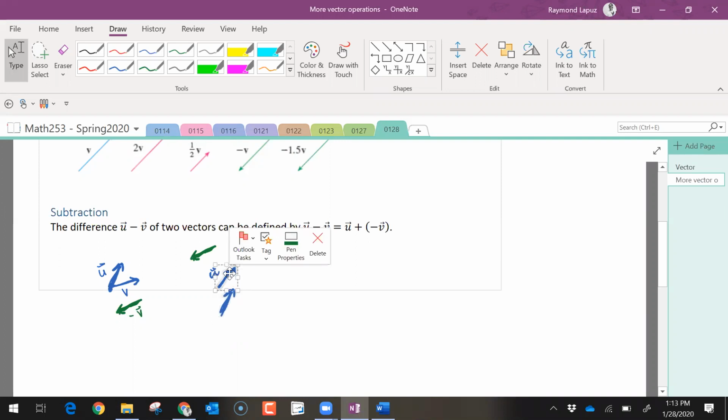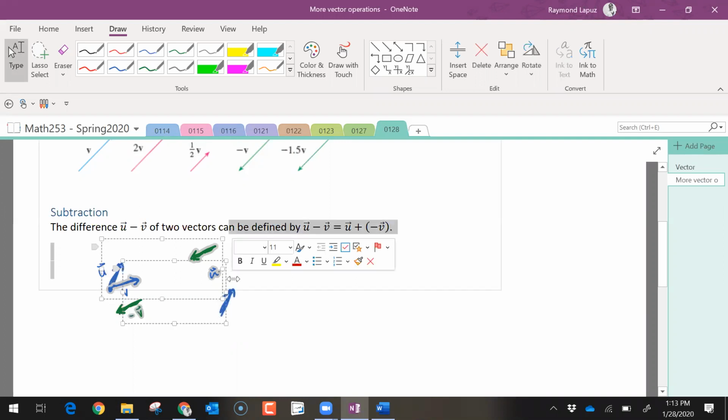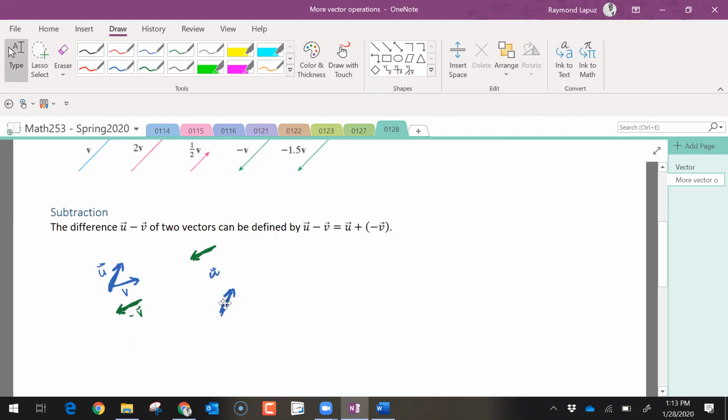So that's U. That's V. Then the result would be from the tail of U to the head of V. So this is going to be U plus -V.